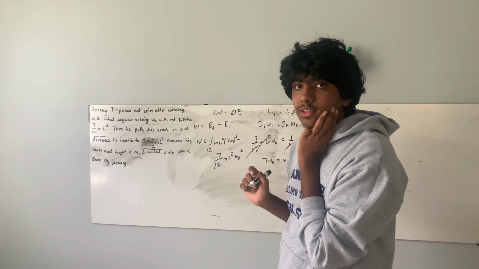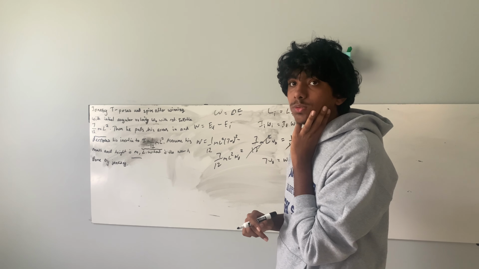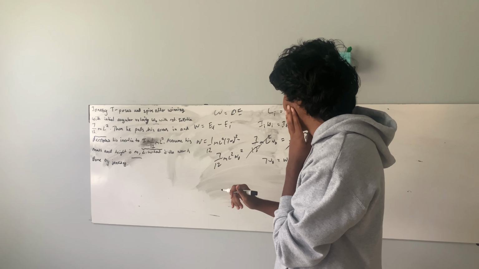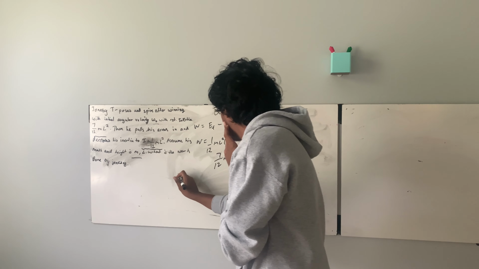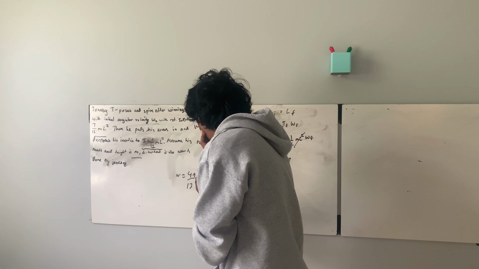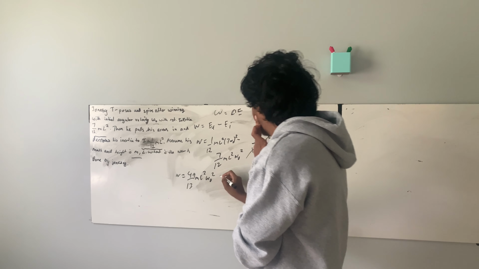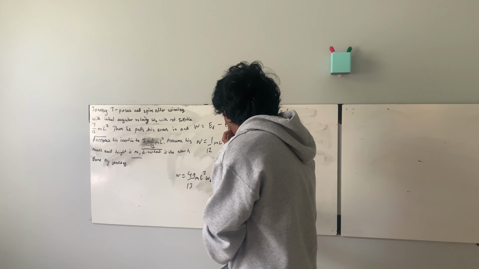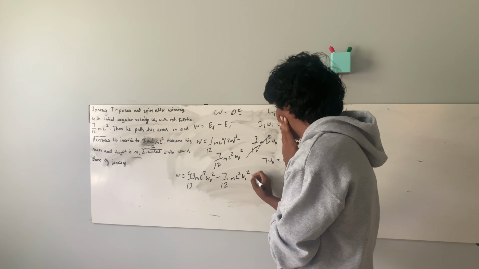Okay, this looks like it's gonna be 0, but it isn't. Why? Because this 7 is gonna be squared too. This is gonna turn into 49 twelfths. So we're gonna have W equals 49 twelfths ml squared omega naught squared. Remember to square the omega naught too. Minus 7/12 ml squared omega naught squared.